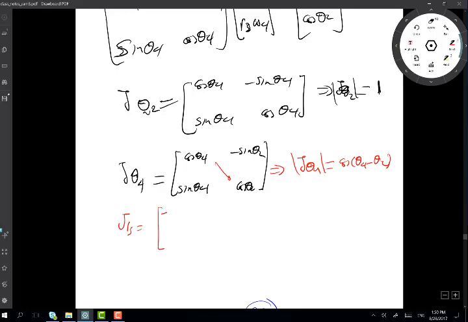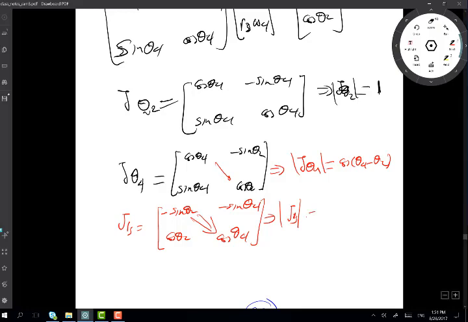And then I have the Jacobian which corresponds to R3. So I replace the first column by sine theta 2, cosine theta 2. The second column remains as minus sine theta 4, cosine theta 4, and this is the Jacobian. The determinant of that I get when I multiply across like that. So I multiply those together, which will give me minus sine theta 2 cosine theta 4, and this will give me plus those, added together.